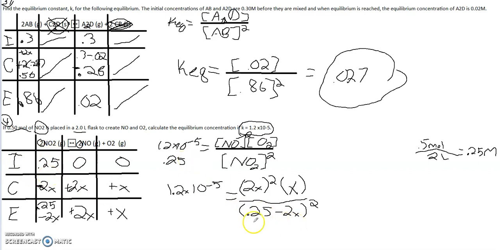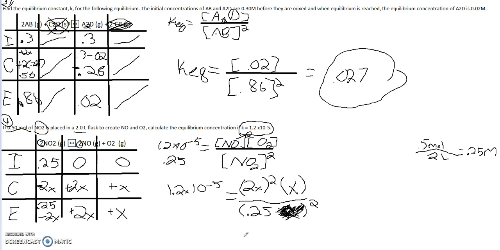So you assume that this is very near 0 because it didn't change a whole heck of a lot. So what we do in that instance is we just cross it out, or we don't even deal with it because it's going to change by something like 0.0001, and that's not going to affect it. So it's going to basically just be 0.25 squared down here, which makes it a lot easier for us to solve that problem.